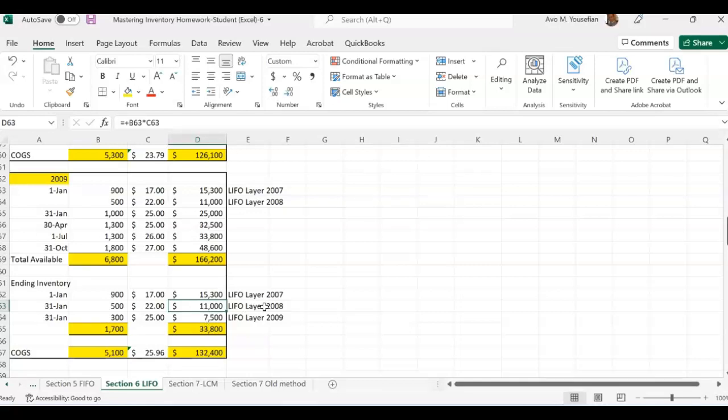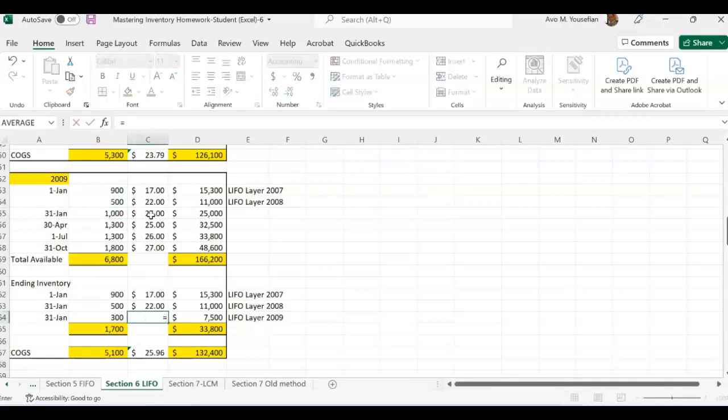And that's the LIFO layer of 2018. We didn't even touch that either. But that's not enough. We need another 300 units to get to 1,700, right? So 300 units, we go lower than that. So 900 is gone, it's here, 500 is here. We go one step down, we pick it up from here. So 300 units at $25.